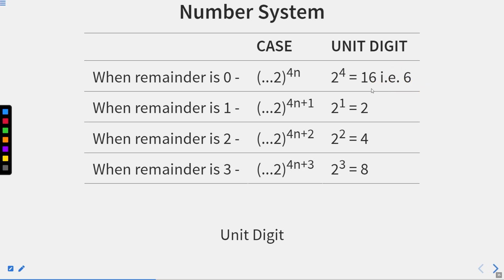If the remainder turns out to be 1, the unit digit is going to be 2. If the remainder turns out to be 2, the unit digit will be 4. If the remainder turns out to be 3, the unit digit is going to be 8.